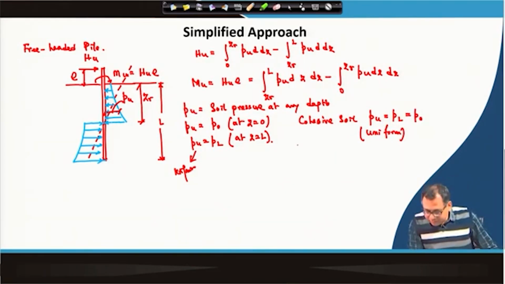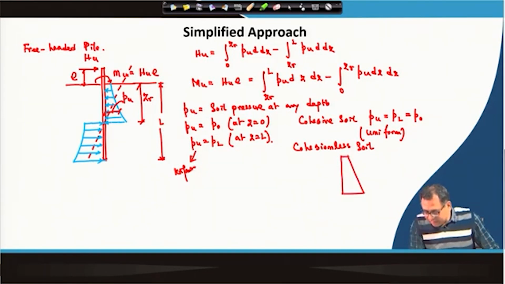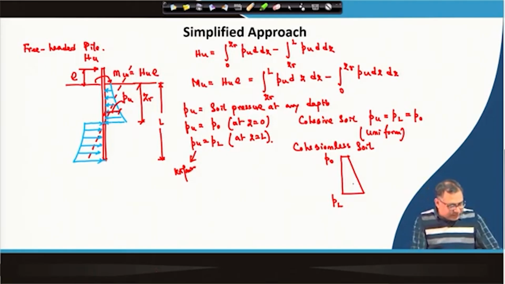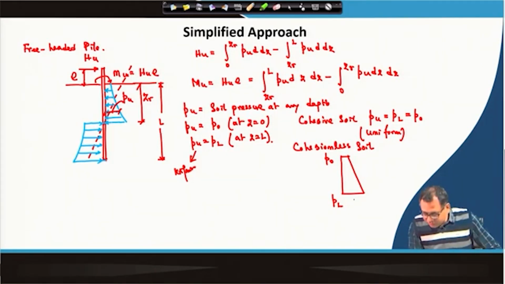But for cohesionless soil, this is not uniform, this is varying linearly. Assume it is varying linearly from p 0 to p L. So, p u varies linearly from p 0 to p L.